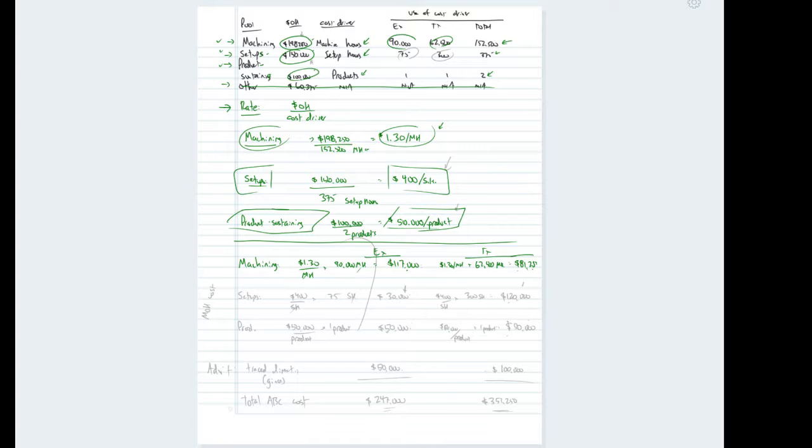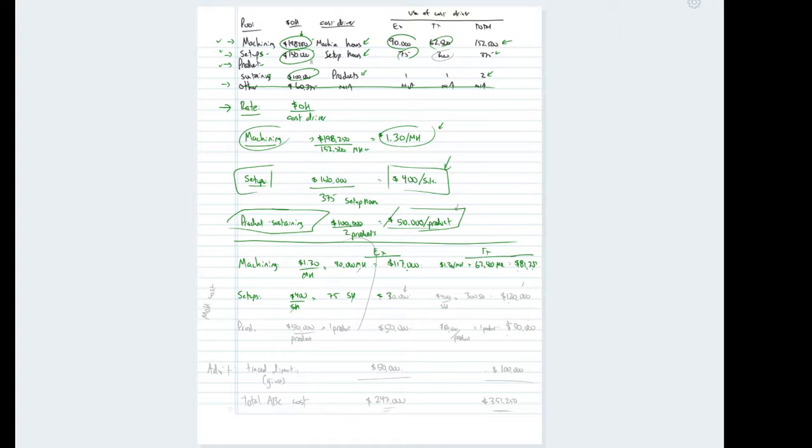For setups, we have our $400 per setup hour times 75 setup hours for the EX. Setup hours cancel, 400 times 75, and that gives us $30,000 of setup cost allocated to the EX.